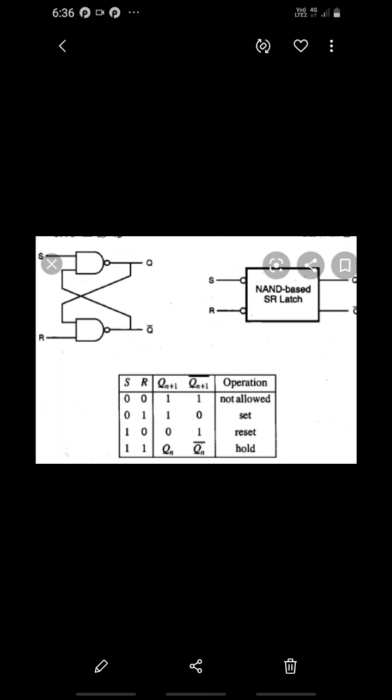So here before that I am assigning Q is 1 and here S and R 0 0. So I am applying R and previous Q is 1, so 0 1, 0 1 is 1.